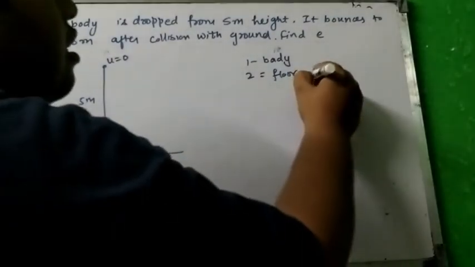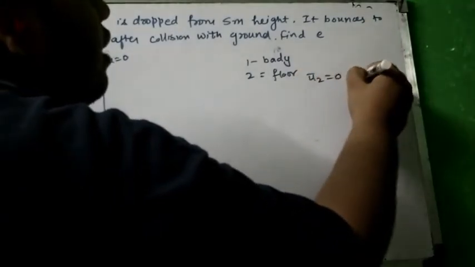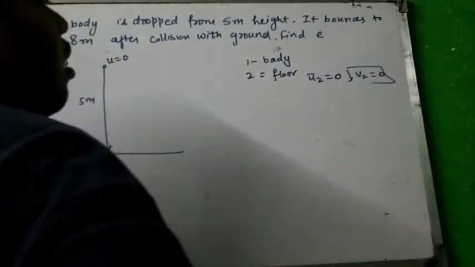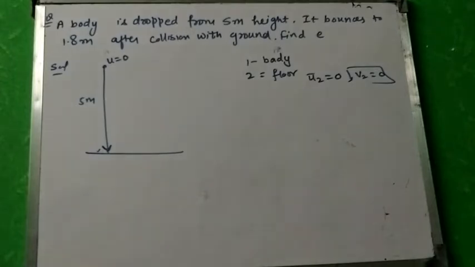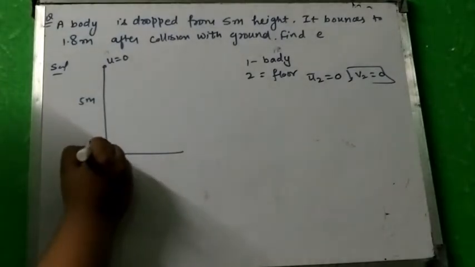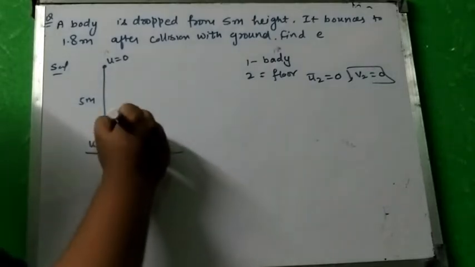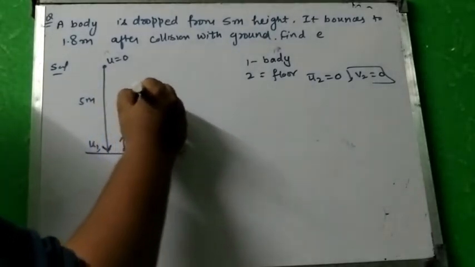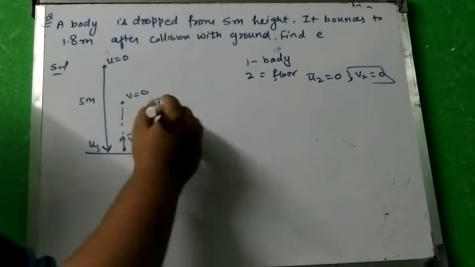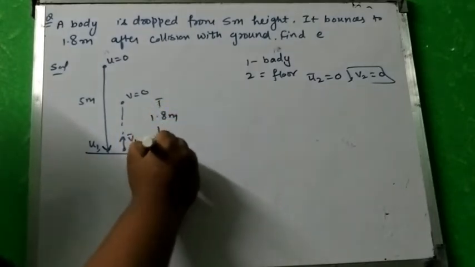So in this case, u2 is always 0 and v2 is 0. u1 is the initial velocity of body 1 just before collision, and v1 is the velocity of the first body just after collision. It bounces back to 1.8 meter. That's the question.